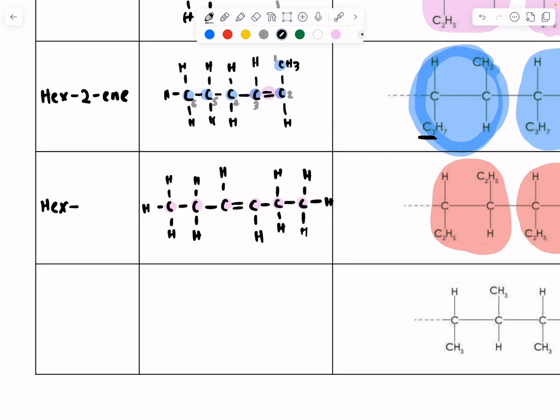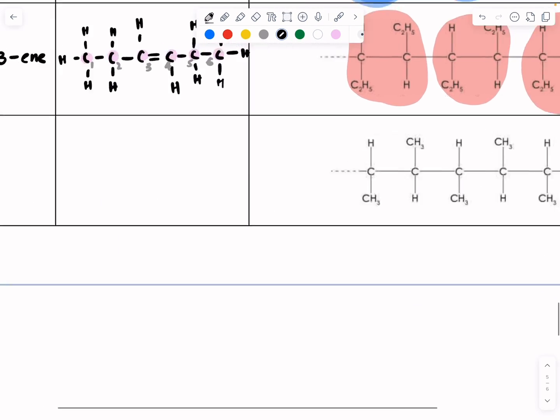And where is that double bond? I think it doesn't matter which way we number the carbons because it's right in the middle. So if this is 1, this is 2, this is 3, 4, 5, 6, that means that double bond is between the 3rd and 4th carbon. So we take that lowest number and write 3 and ene to show that this is an alkene. Hex 3-ene is the monomer name.